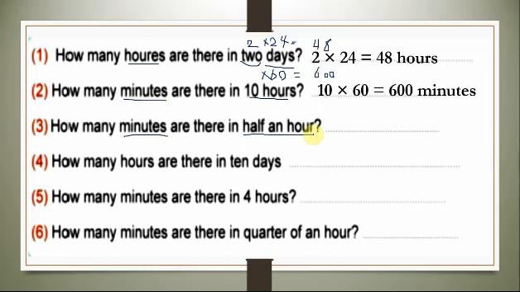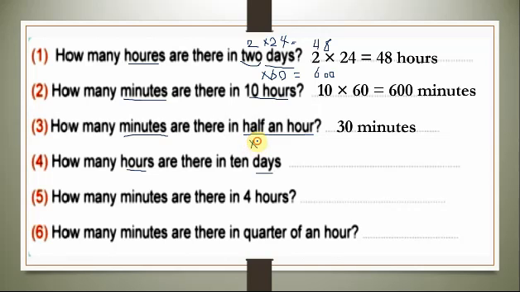Next question. How many minutes are there in half of an hour? We said it before. How many minutes are there in half an hour? It's 30 minutes. Because 1 hour equals 60, so the half of 60 equals 30. How many hours are there in 10 days? Hours and days. The relation between hours and days is 24.